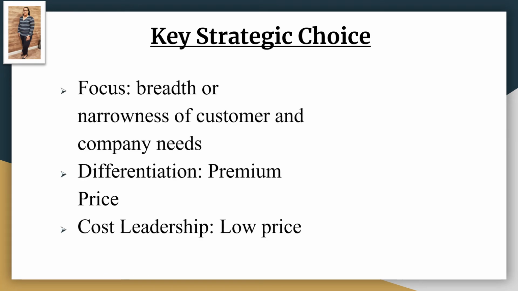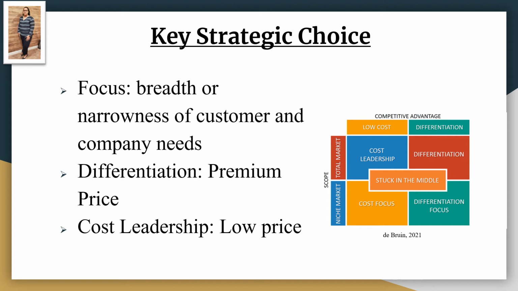When considering strategy, Porter identified three key strategic choices: focus, differentiation, and cost leadership. Focus is the breadth and narrowness of the customers and needs a company serves. In this competitive strategy, the company selects a segment or group of segments and tailors its strategy or activities to serve those segments.